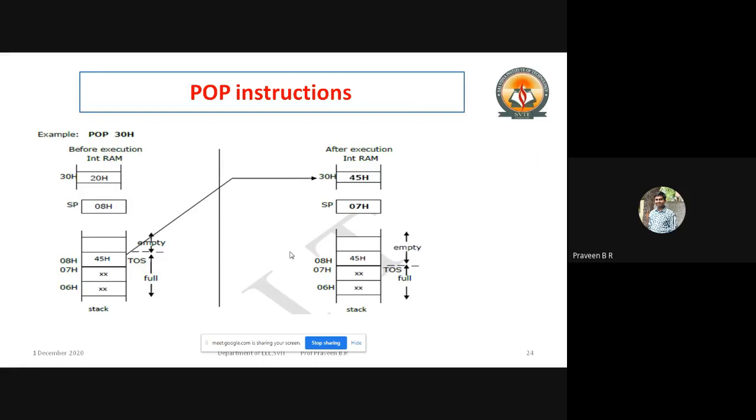Here, for an example, POP 30H, the data present in 30H is 20H, and in the stack you have the information 45H. It is going to transfer the data to the 30H memory location. The stack pointer is pointing towards 08H, and it decrements to 07. So this is how you learn the data transfer instructions.